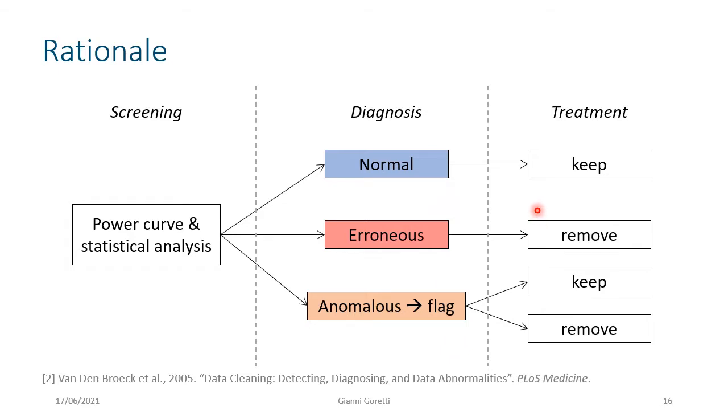And depending on the diagnosis, the treatment is as follows: data are kept if they are normal, they are removed if they are erroneous, and if they are anomalous, as I was saying, they get flagged and they can either be kept or removed depending on the researcher's decision and depending on what the aim of the cleaning is.